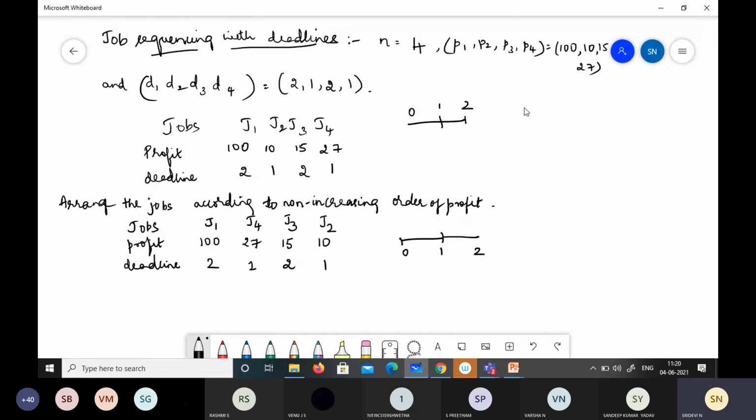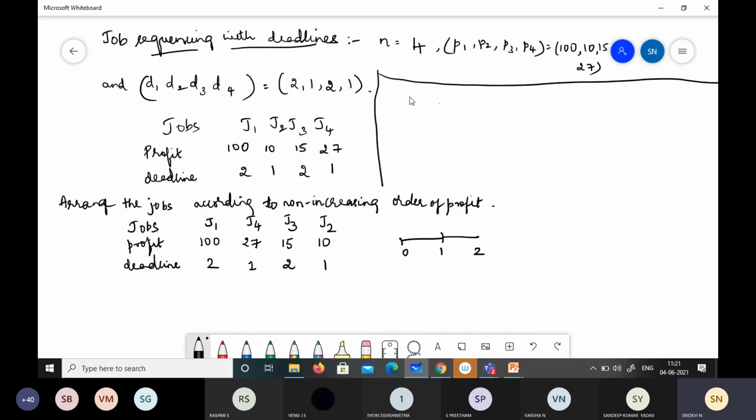So let's write down here. We will consider the job, whatever it is, then we will write down the slot. Let me rub this and write. Continuing here.